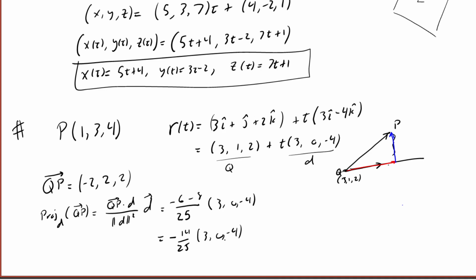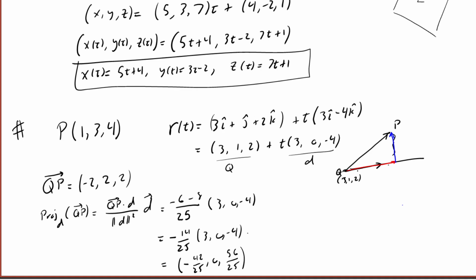Okay, so then I can distribute that out if I want. So this is going to be minus, what, 30, 42 over 25, 0, and then 40, 52, 56 over 25.